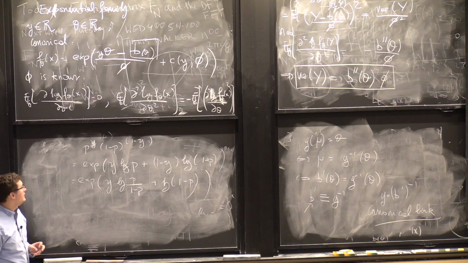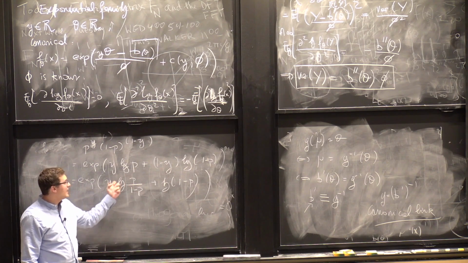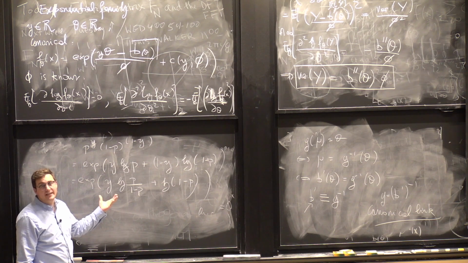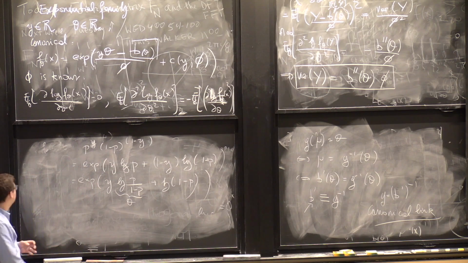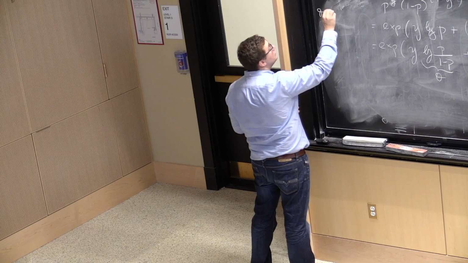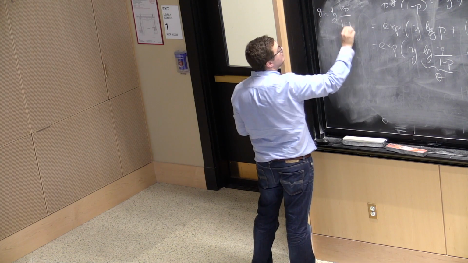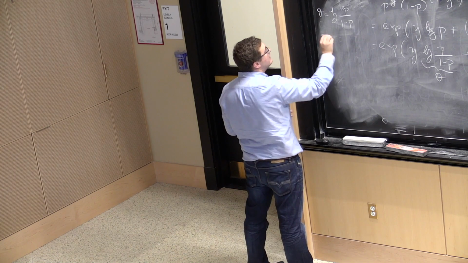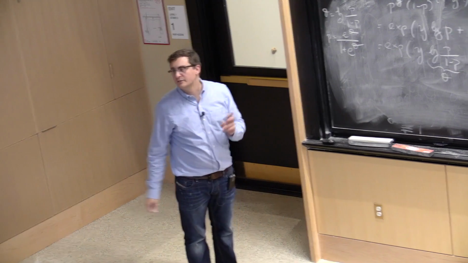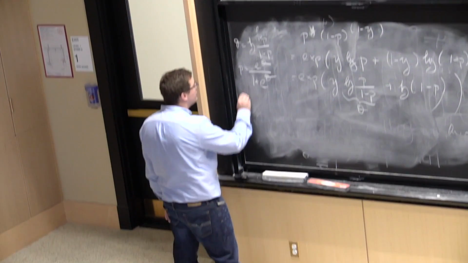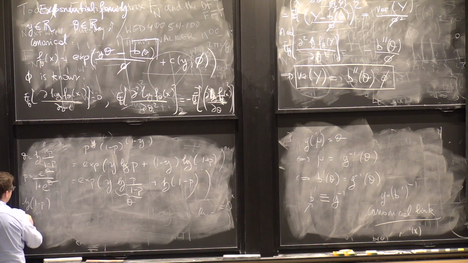OK? Now, I want this to be a canonical exponential family, which means that I just need to call this guy... so it is part of the exponential family. I can read that. If I want it to be canonical, this guy must be theta itself. OK, so I have that theta is equal to log p over 1 minus p. If I invert this thing, it tells me that p is e to the theta divided by 1 plus e to the theta. Right? That's just inverting this function. And so in particular, it means that log 1 minus p is equal to log of 1 minus this thing.